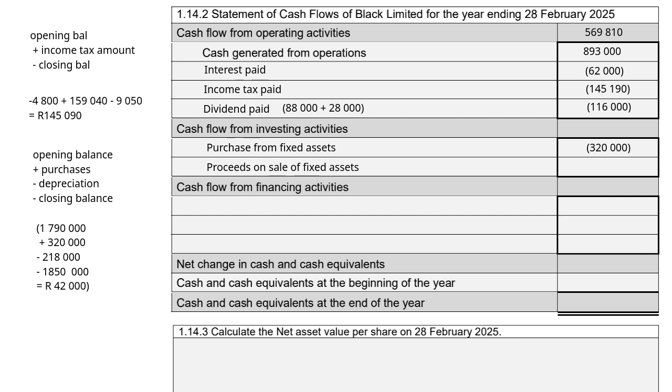We add the 320,000 assets purchased, we minus the 218,000 depreciation, and we minus our closing balance of 1,850,000, and that will then give you 42,000 rand. This amount is out of brackets as it is an inflow in cash.